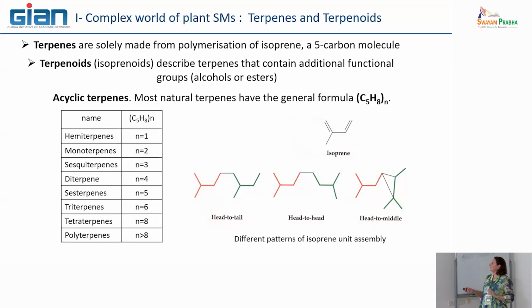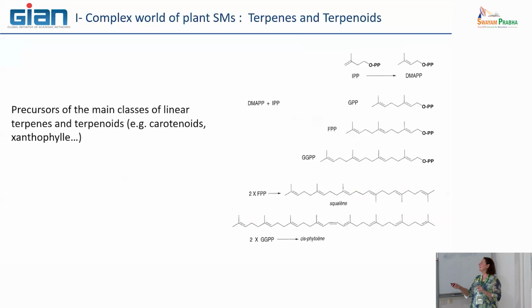So here, for example, is one of the best-known metabolic pathways. It leads from two five-carbon units that have been a little bit modified because they have a phosphate group: isopentenyl diphosphate and its isomer dimethylallyl pyrophosphate.